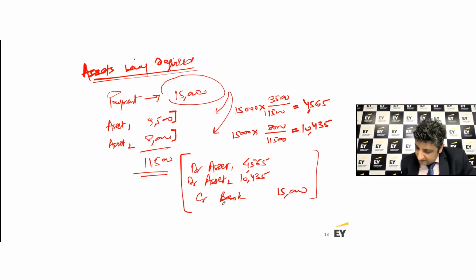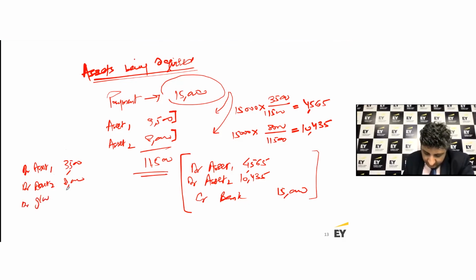Now you would see there's a significant difference between the accounting under a business combination versus accounting under an asset acquisition. In the previous case, we said asset 1, we take 3,500, asset 2, 8,000, goodwill, which is 3,500, and credit bank 15,000.